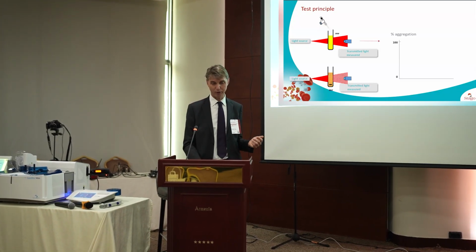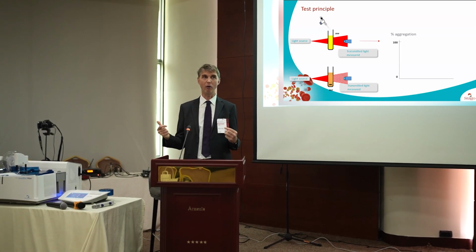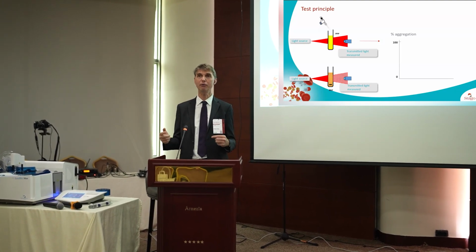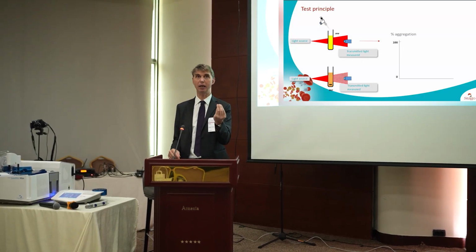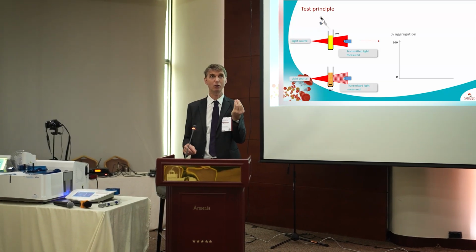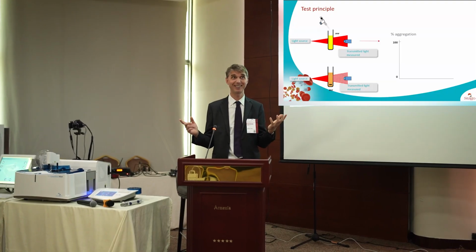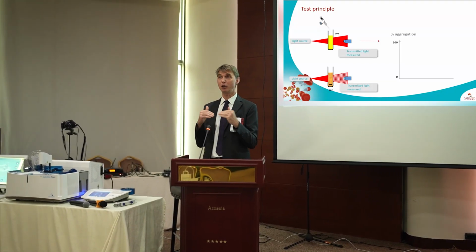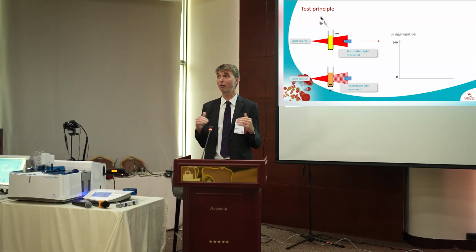So that's our 100%. Then we will use a PRP from our patient. So PRP for platelet-rich plasma. And platelet-rich plasma actually has a lot of platelets, so it is quite turbid. So the transmitted light is not good. So this will give us the baseline of 0% of transmitted light.